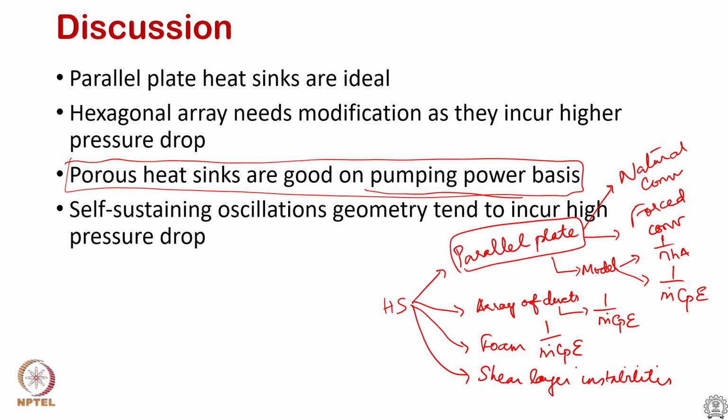And then in the final part, we looked primarily into all kinds of heat sinks. As I have shown here, the heat sinks lecture focused on these different aspects. So what we finally conclude is that this concludes the applications part, and from the fundamental part we used some solutions or methods, like the integral method, to obtain a solution for the unheated starting length, and that was used to come up with a new way of looking at the problem of electronics cooling, where there are arrays of heat sources.